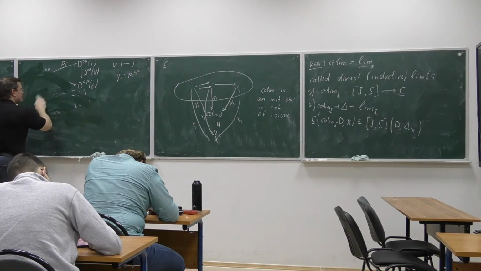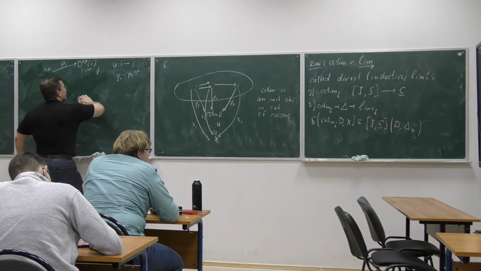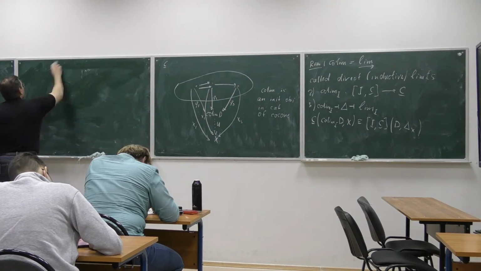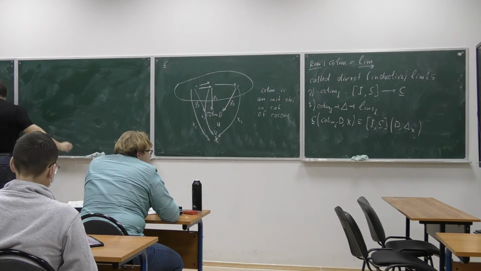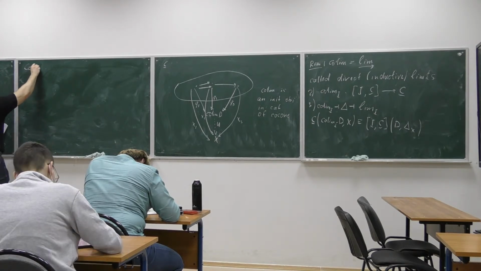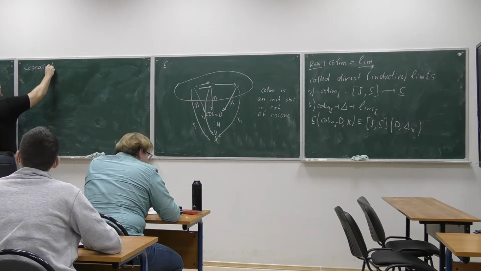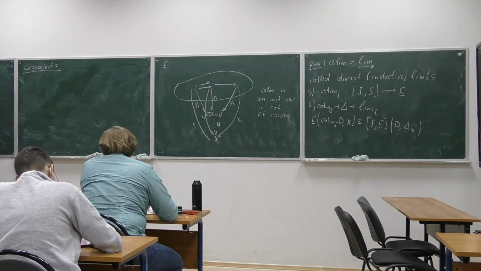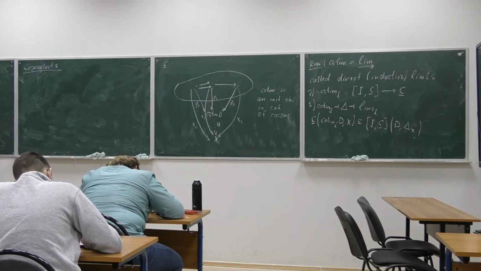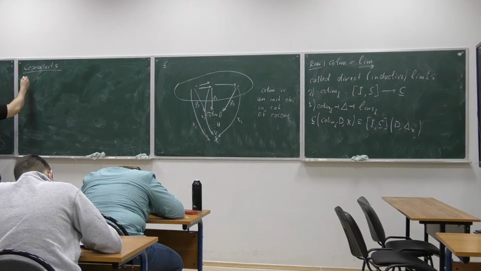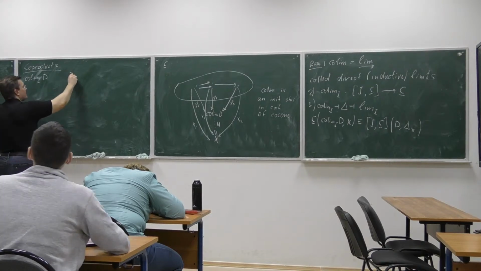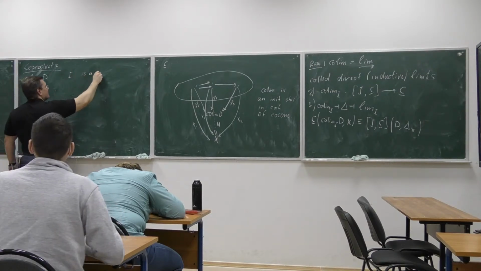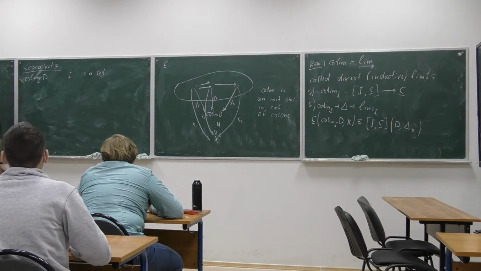Now let's look at some examples. So coproducts. Of course, now when we start with the general definition, we can define coproducts as co-limits of I, D, and in this case, I is a set. For example, a set with two objects.